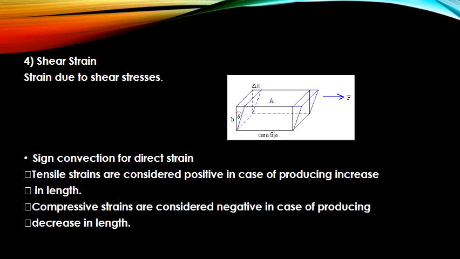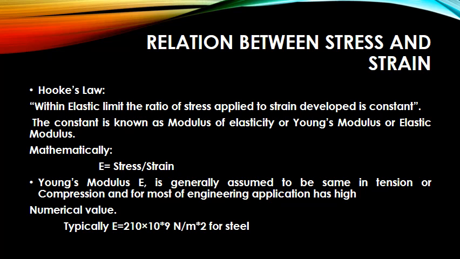Compressive strain is considered negative in the case of producing a decrease in length. So we take positive for increasing length and negative for decreasing length.